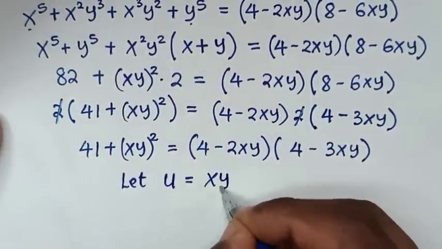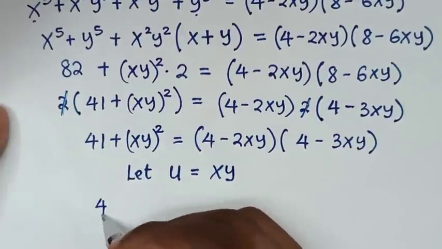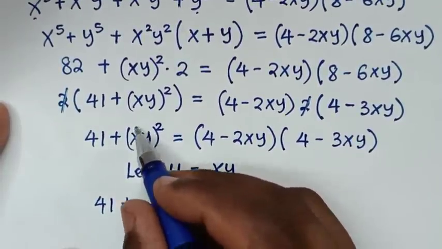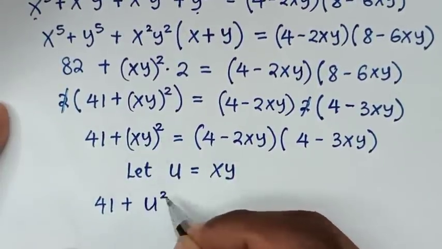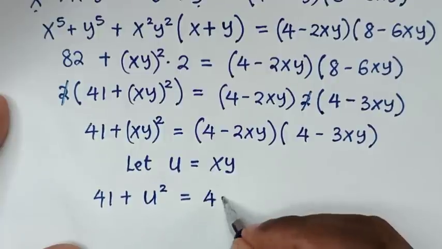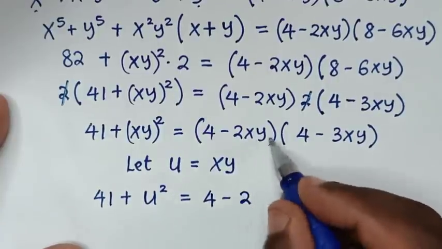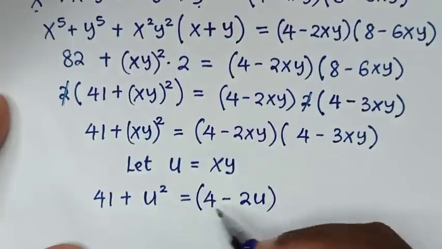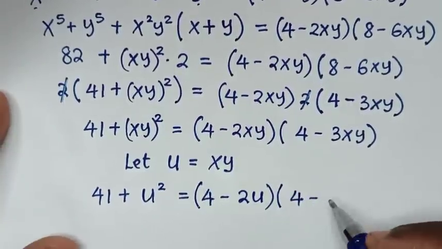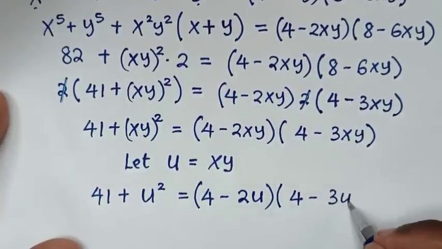Then in the next step, in here xy is common, so let's say u is equal to xy. So in here it will be 4(1 plus u) squared, then is equal to (4 minus 2xy, which is u)(4 minus 3xy, which is u).